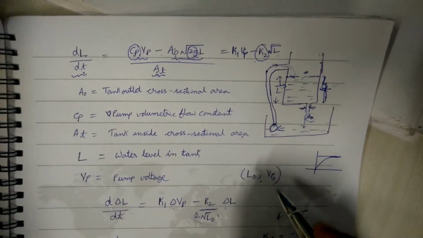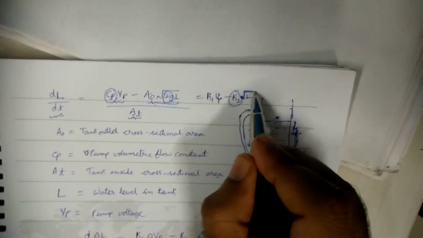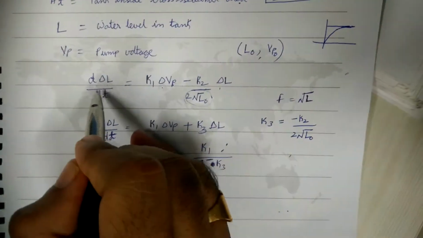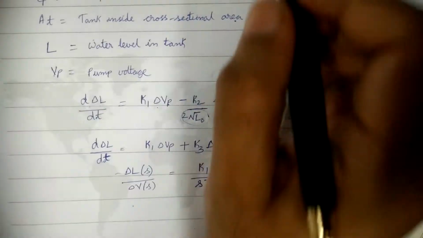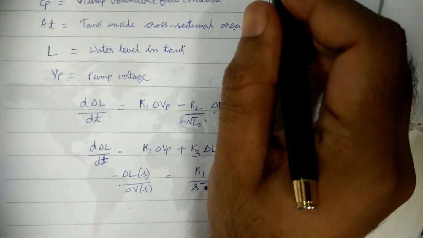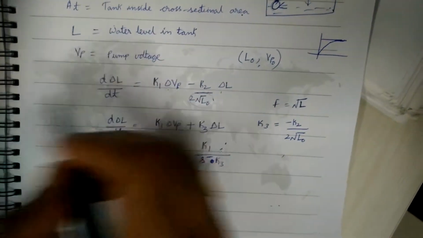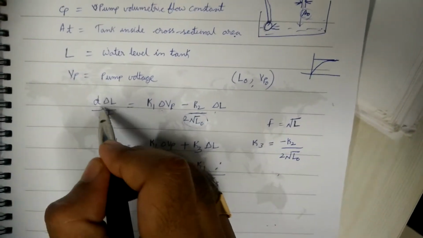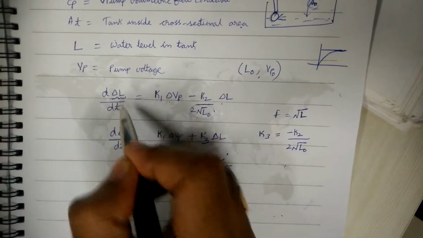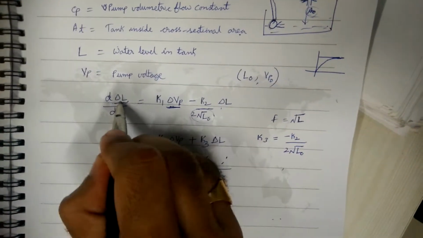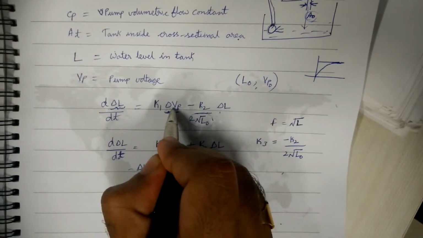From this we observe that this is a non-linear differential equation because there is a square root term appearing for one of the variables, that is the output variable. So how do we linearize this particular non-linear dynamical system? As explained in the previous video, wherever L is there we will put delta L, and wherever Vp is there we will put delta Vp, because L is the output and Vp is the input.